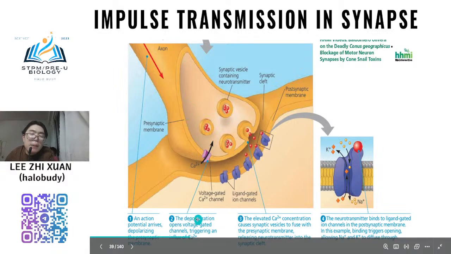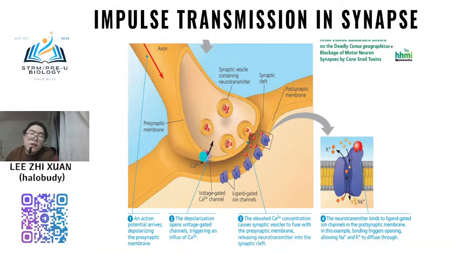So when the action potential occurs, depolarization will cause the calcium ion channels on the presynaptic membrane to open, and then calcium ions will influx into the presynaptic cytoplasm.